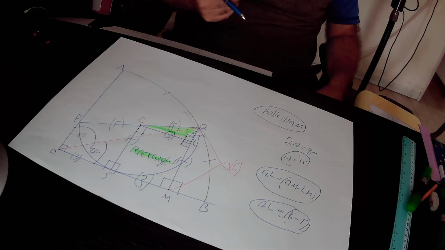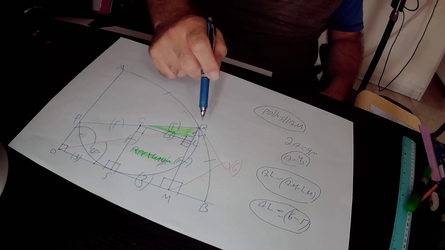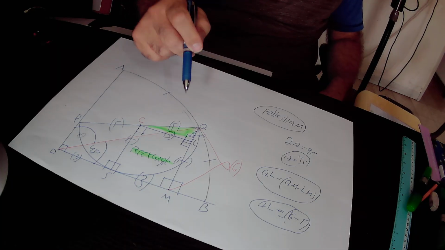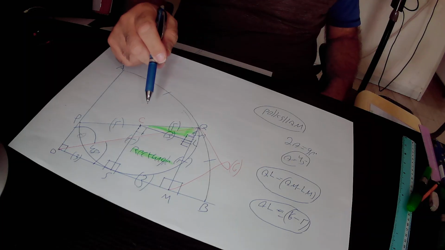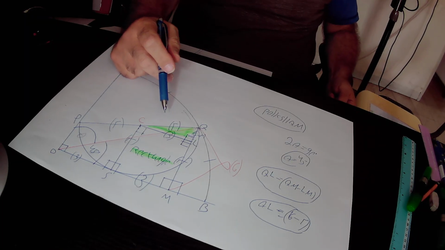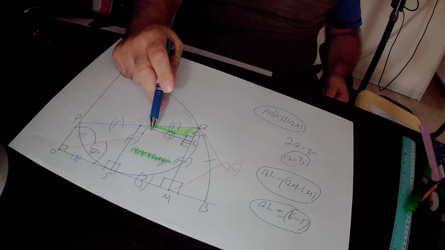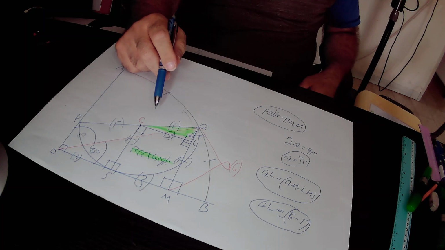By doing this construction, we created quadrilateral CLMS. In quadrilateral CLMS, we have three right angles, therefore the fourth missing angle must be equal to 90 degrees in size. Therefore, quadrilateral CLMS is a rectangle because it has four right angles. We also know that the opposite sides of a rectangle are equal to each other.